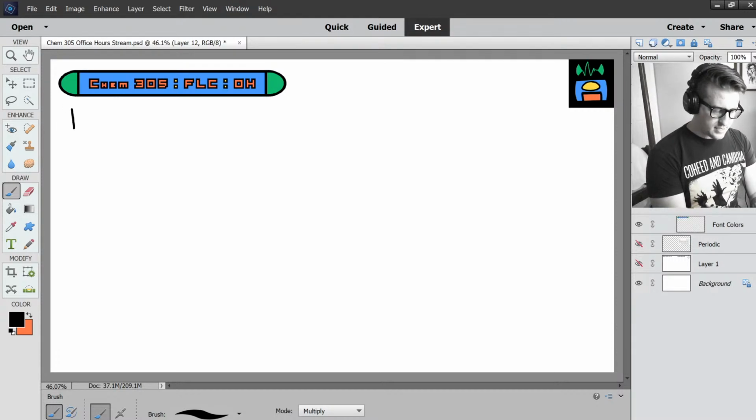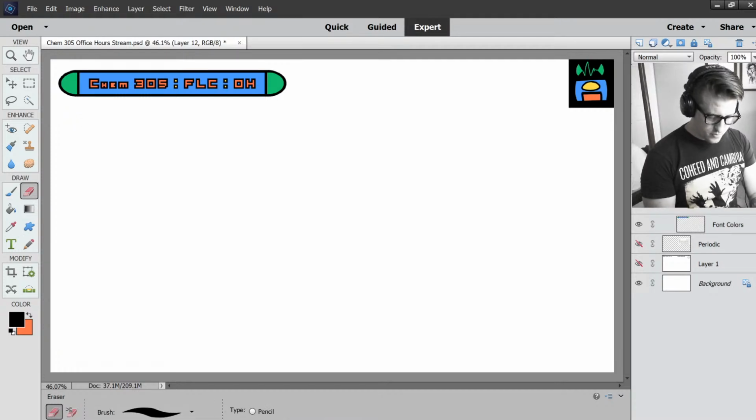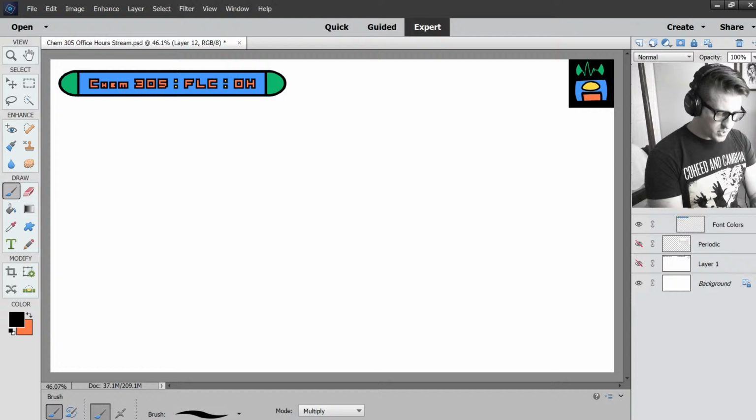And hydrates, that pen's thicker than I normally use. So this lab is about hydrates. All right?